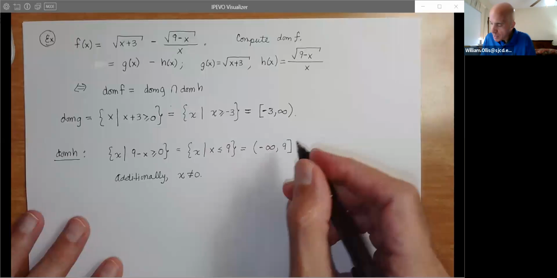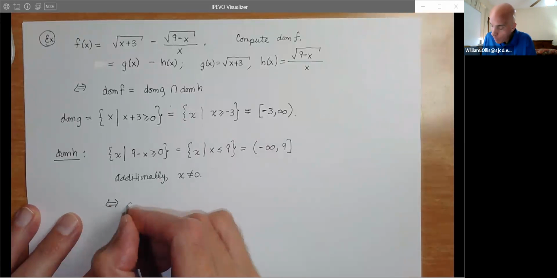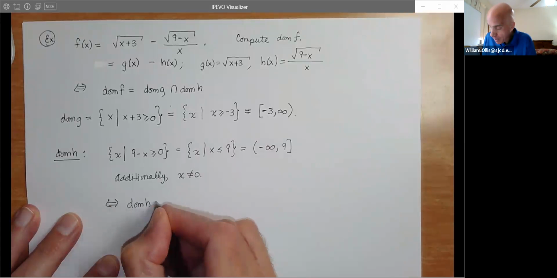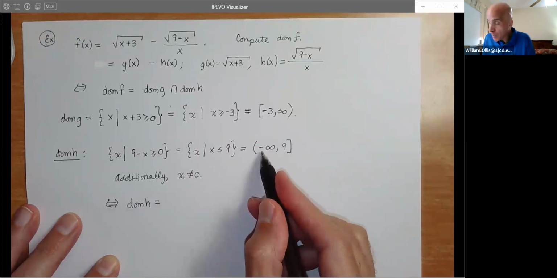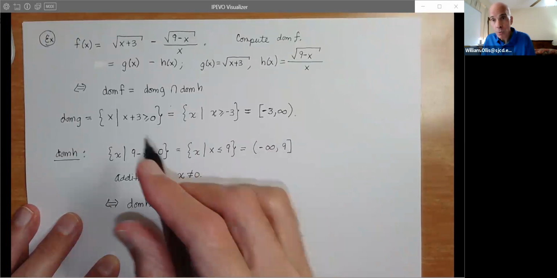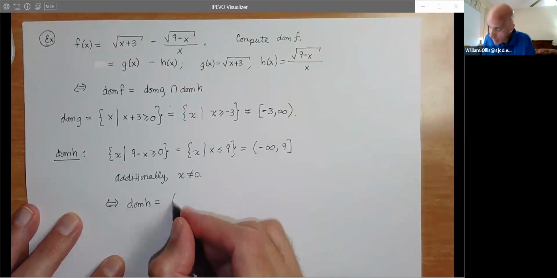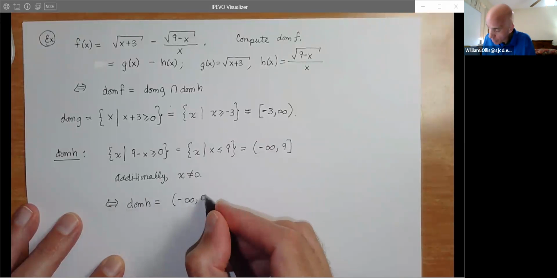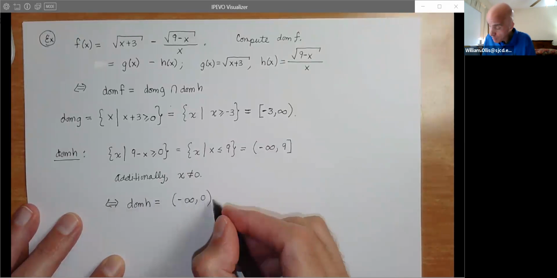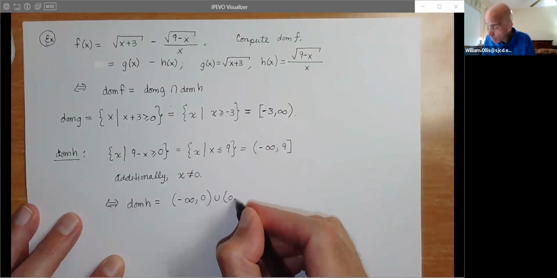So now, what does this imply? So this implies, equivalently, the domain of H will now be, again, real numbers, negative infinity to 0, exclude 0, and then 0 to 9. So we get negative infinity to 0, parenthesis, union, again, parenthesis 0 to 9.